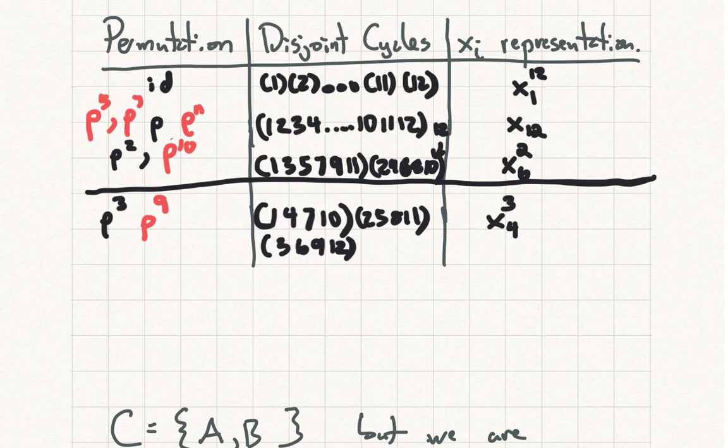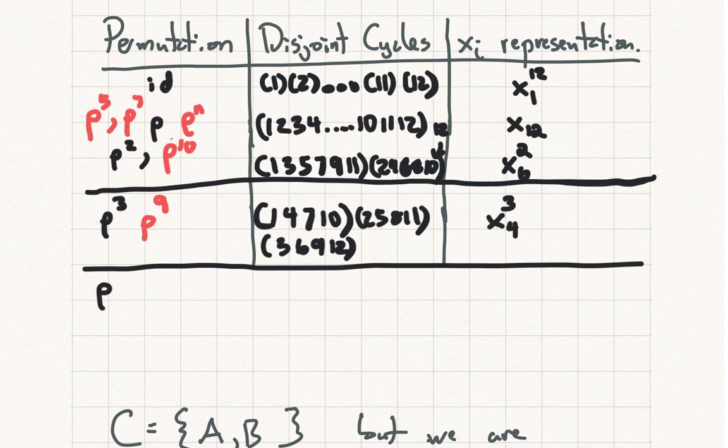The greatest common divisor of 9 and 12 is 3. So when we're just rotating, this has 3 cycles. Great. So we're almost done. We have 2 more.